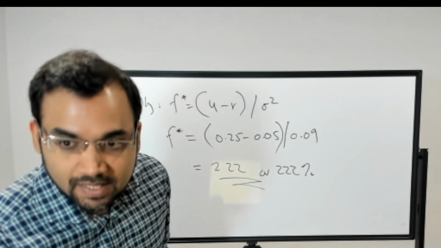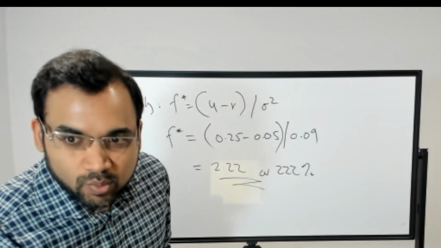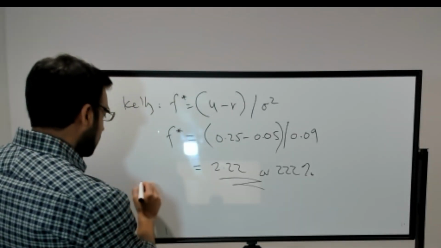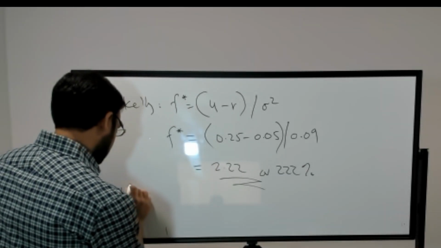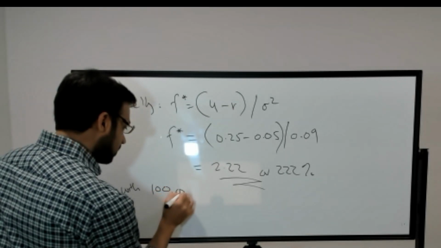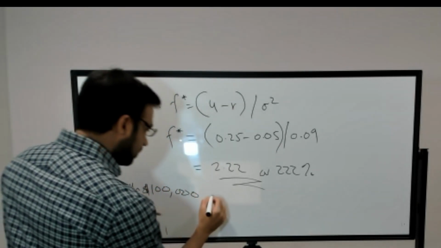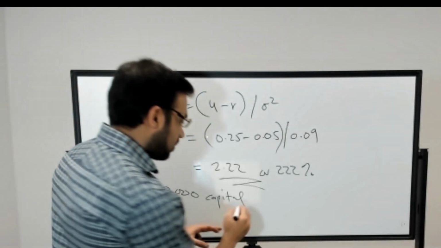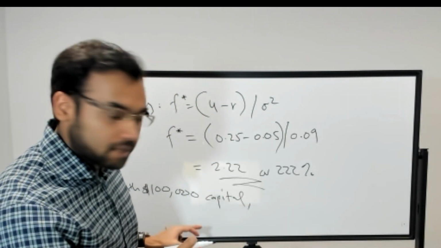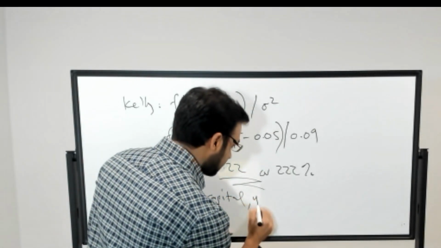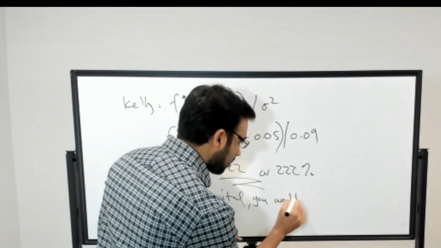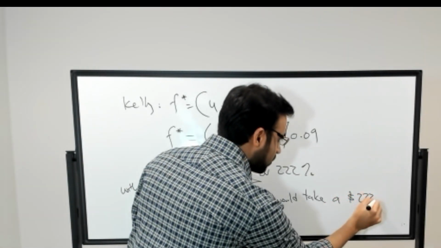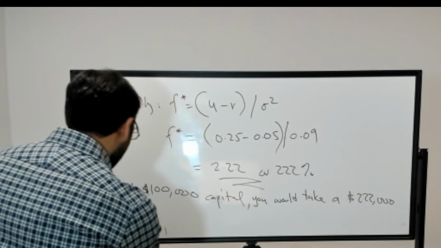So what does that actually mean? Let's say you have a trading capital of 100,000. For 100,000 capital, based on this Kelly, you would take a $222,000 position.